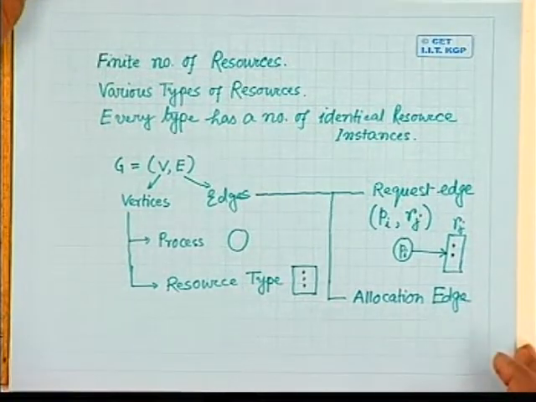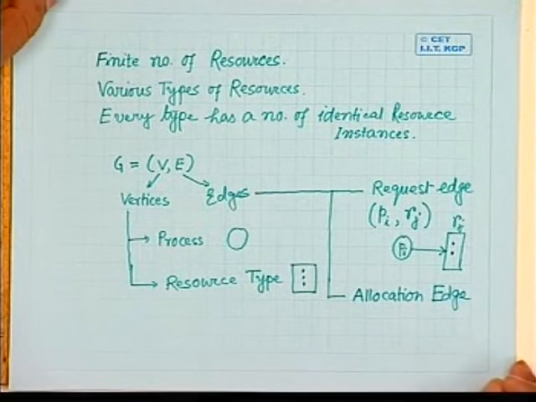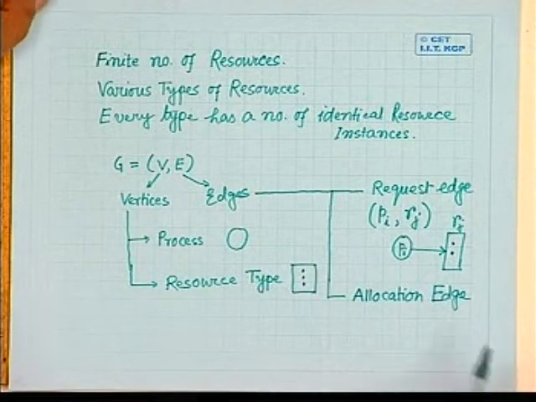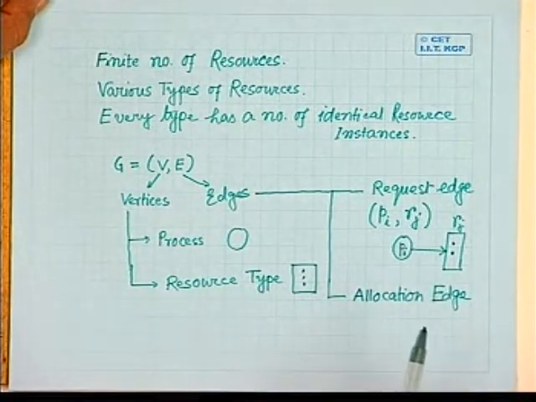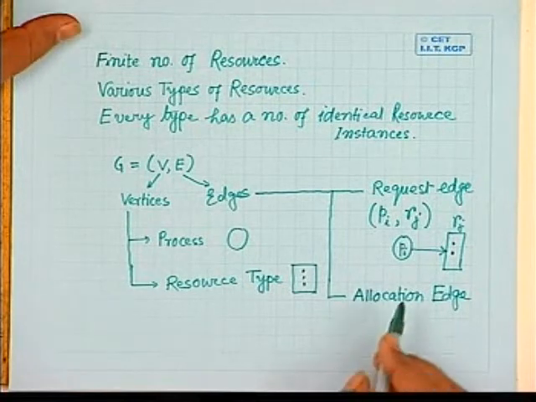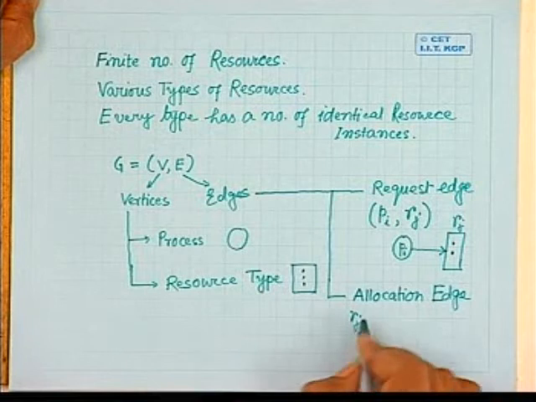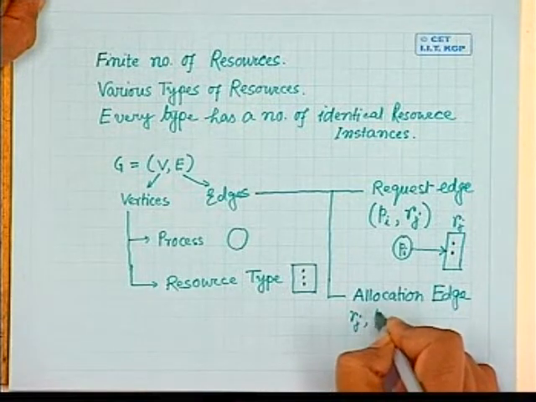And obviously, since an allocation edge represents an instance of a resource type which is allocated to the requesting process, the direction of this arrow will be different. So an allocation edge will be represented by an edge from resource type Rj to the requesting process Pi.